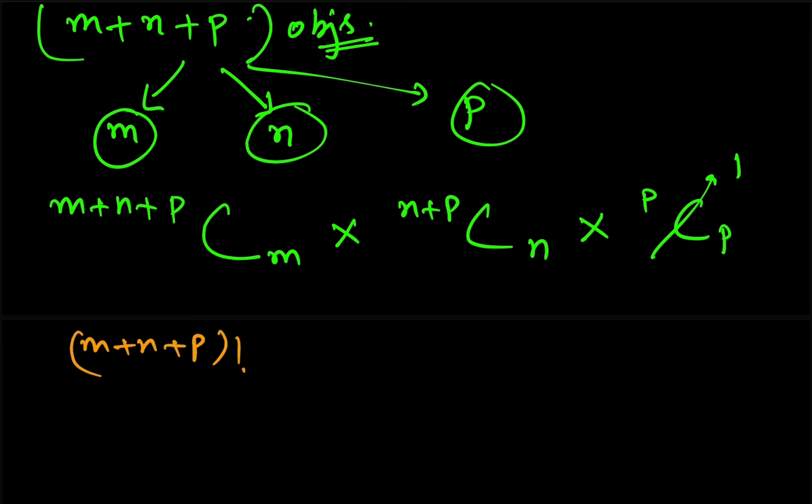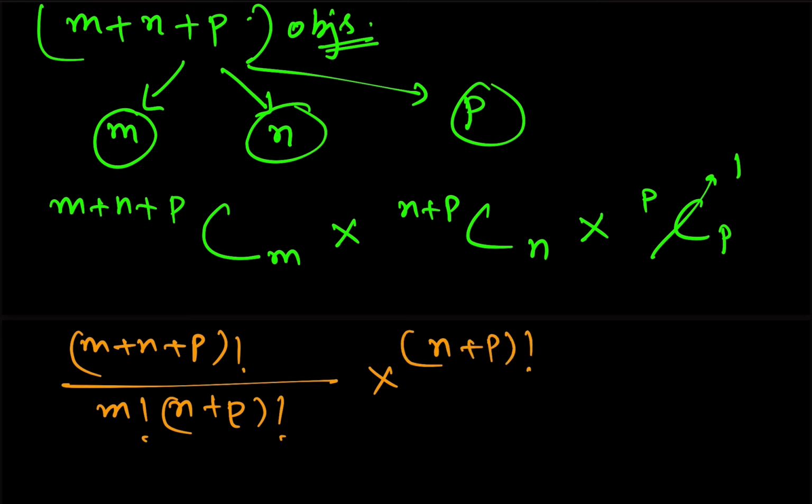If you simplify this further, we get (m+n+p) factorial, m factorial here, and if m is subtracted, we get (n+p) factorial multiplied by (n+p) factorial by n factorial into p factorial.